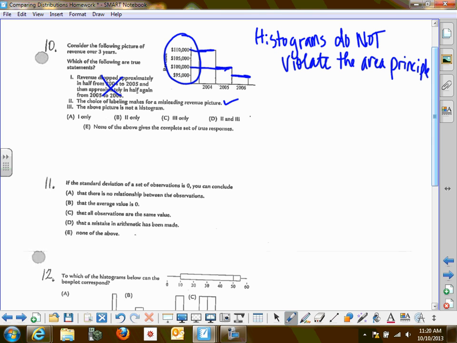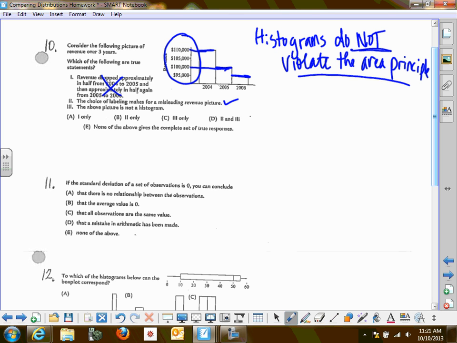How about this? Now that I've told you the key to histograms, is this statement true: the above picture is not a histogram. The bars are touching, that is correct. But what's another requirement of a histogram? They cannot violate the area principle.